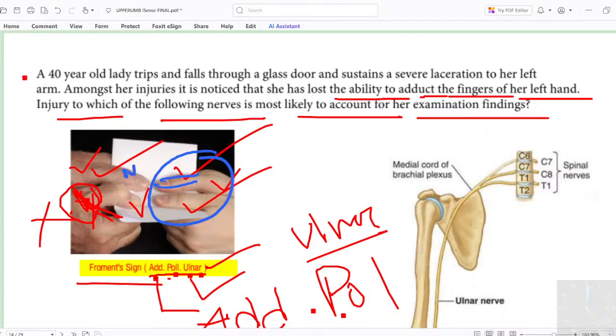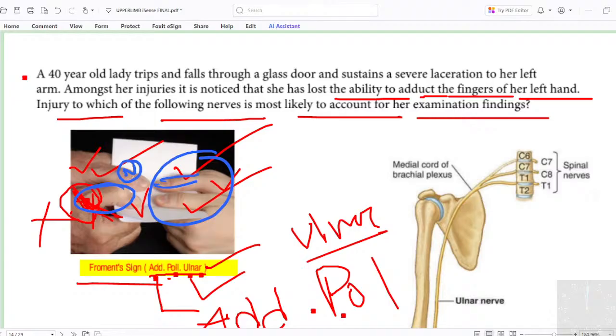See, this is the normal thumb. But you try to pull the paper towards you. You instruct the patient, don't let me take the paper from you, catch it tightly with your thumb and index finger. But if his adduction power is impaired, he cannot adduct his thumb.